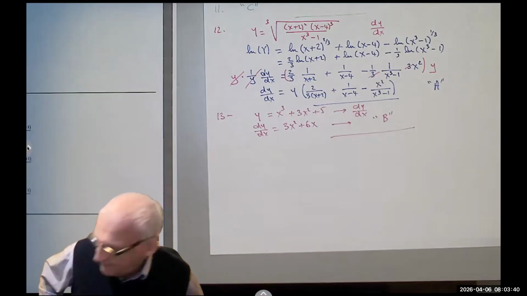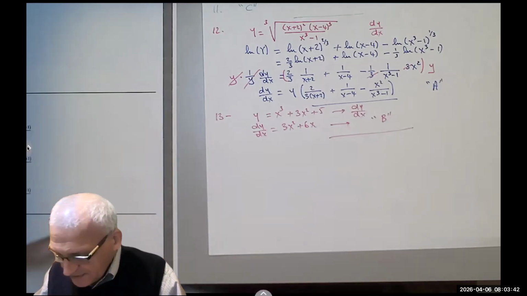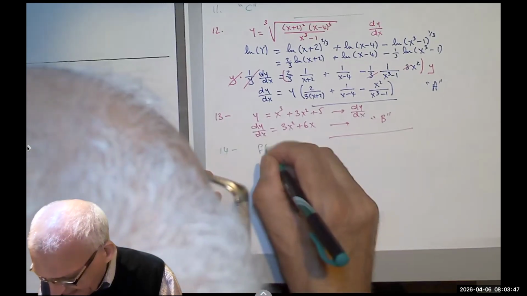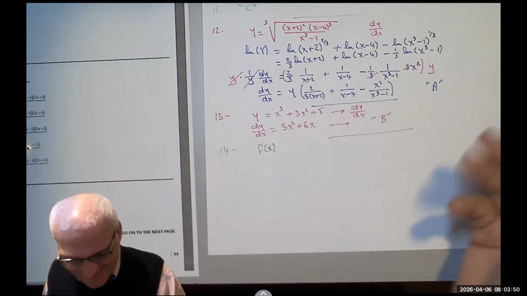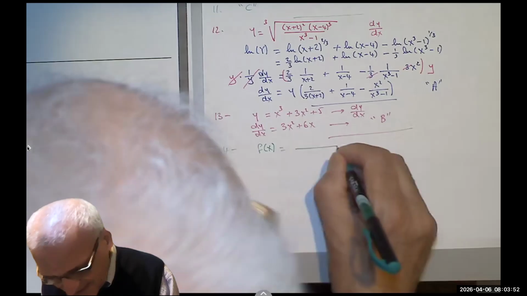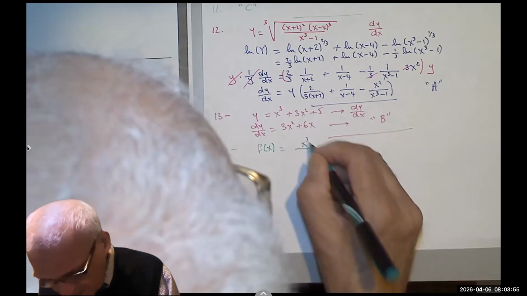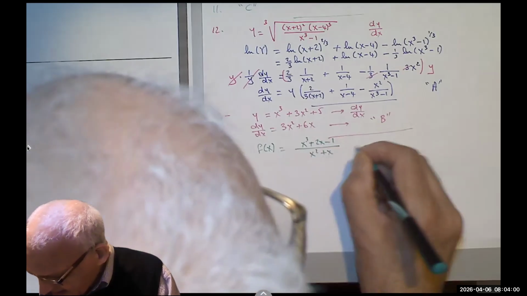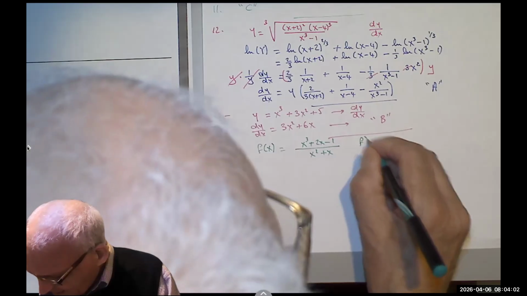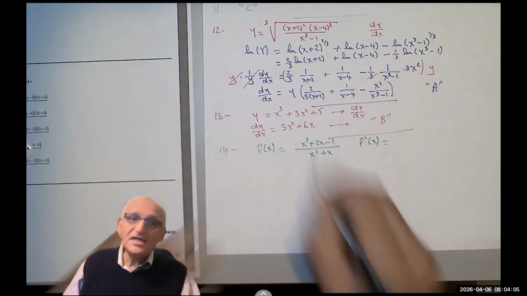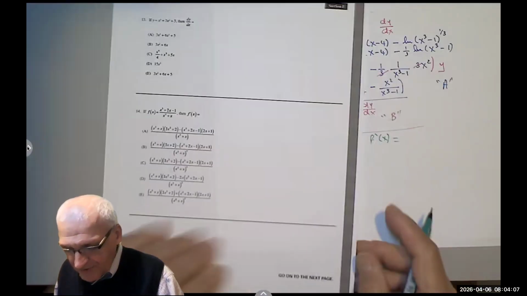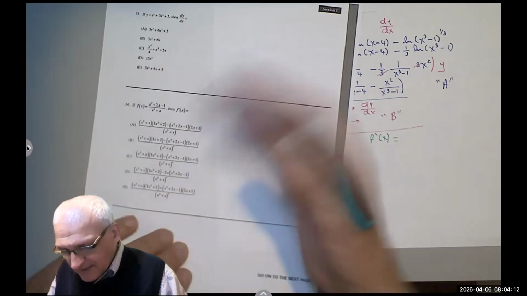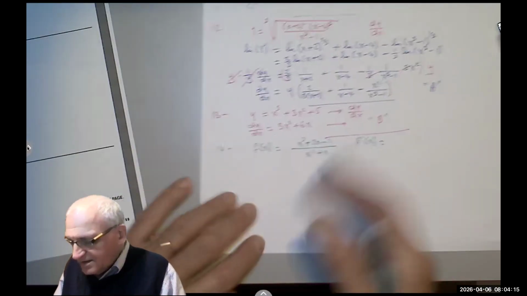All righty. Let's move to number 14. They give you f of x. All of them are asking for derivatives. x cubed plus 2x minus 1 over x squared plus x, and they want f prime of x. Well, here you have a quotient rule. You can do some elimination, but it really doesn't matter.